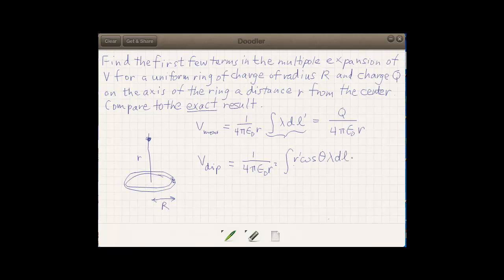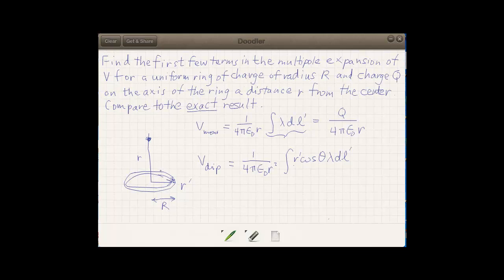And to make sense out of this, I first have to go back to the picture and define the distance r prime and the angle theta. So r prime, remember, if the origin now is the center of the ring, r prime is the vector that locates the charge element with respect to the origin. So that arrow that I've drawn in there is r prime.